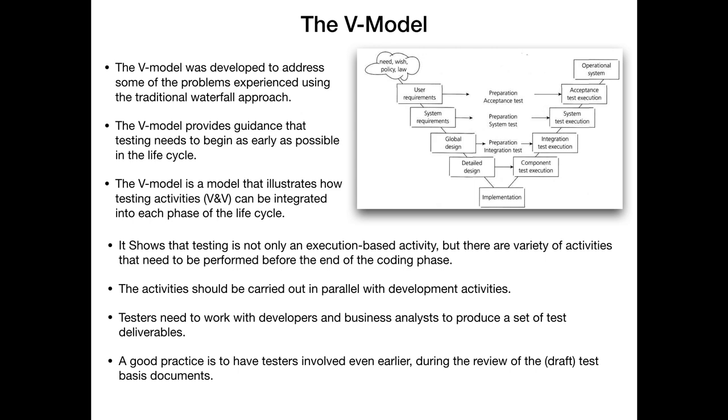You can see that for each level of software development you have testing. So the V model illustrates how testing activities or V&V can be integrated into each phase. You have each phase and you have tests for each phase of the development process.